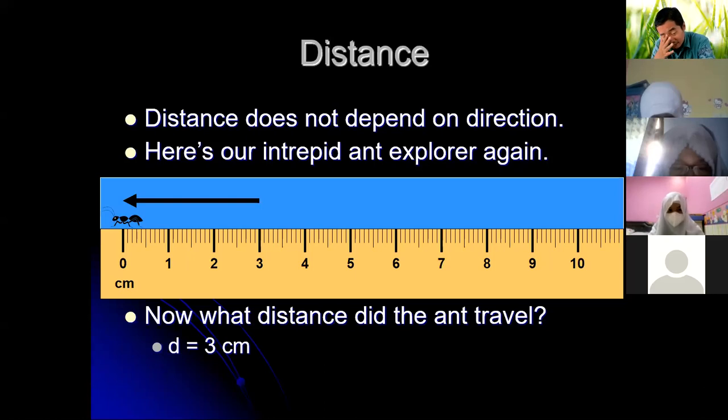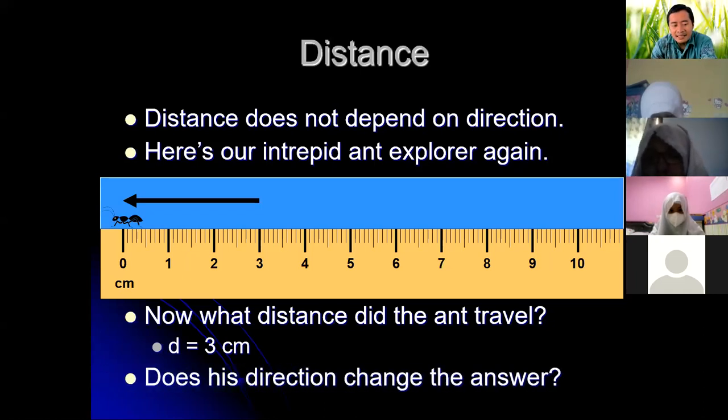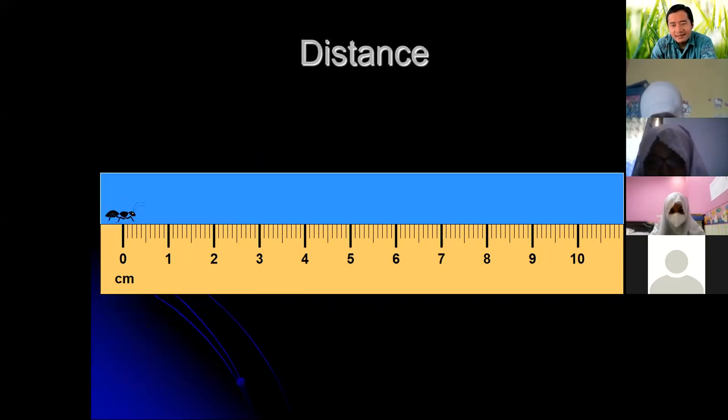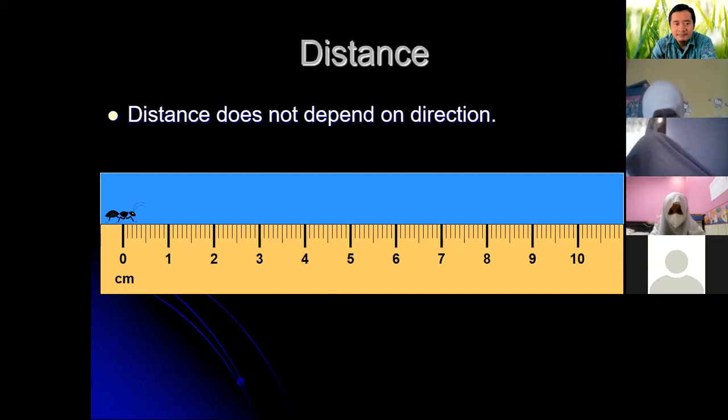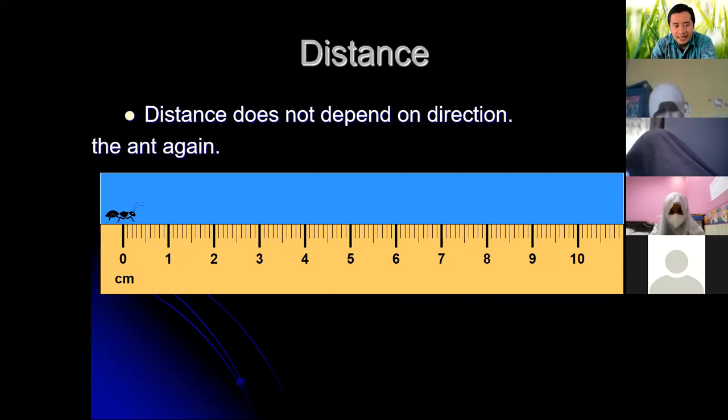We just calculate like this. This is the distance. The definition of distance is like this. Does the direction change? Yes, the direction has changed, but the distance is no problem. Distance does not depend on the direction.